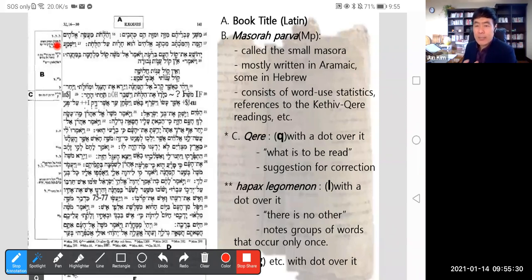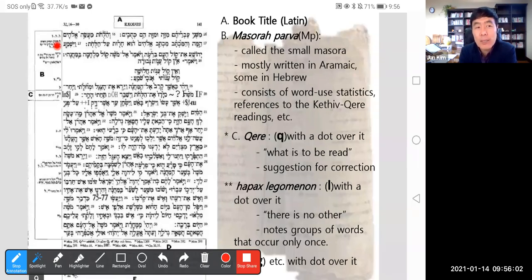So as I said, it provides statistic information. It tells us how many times the word has previously appeared. Does it make sense? Masora Parva provides us all the information of the statistic of the usage of the word.